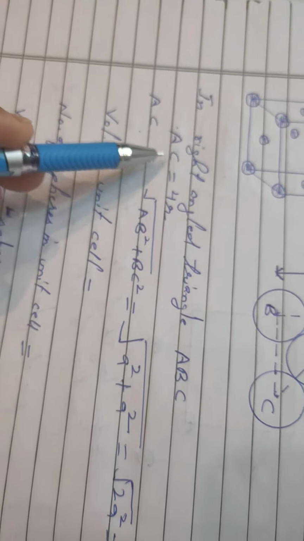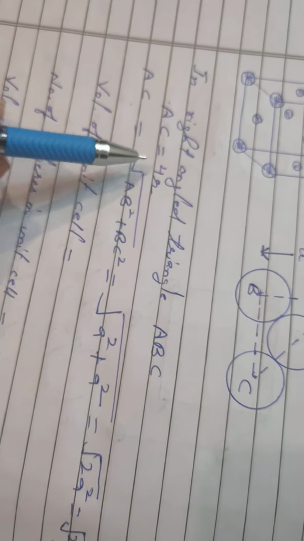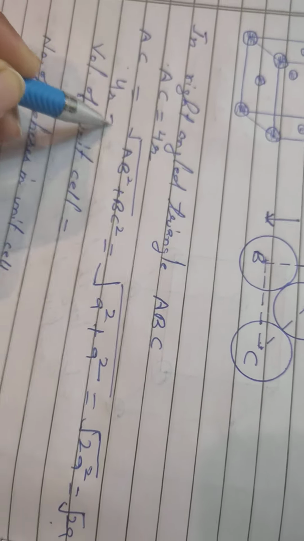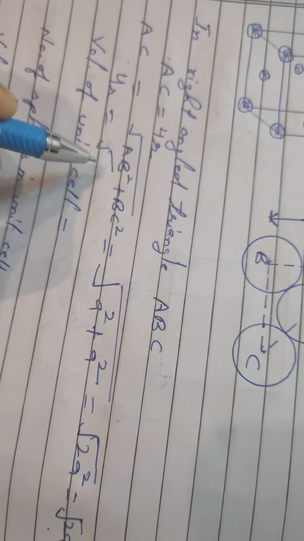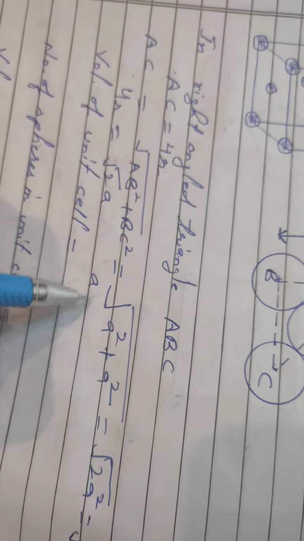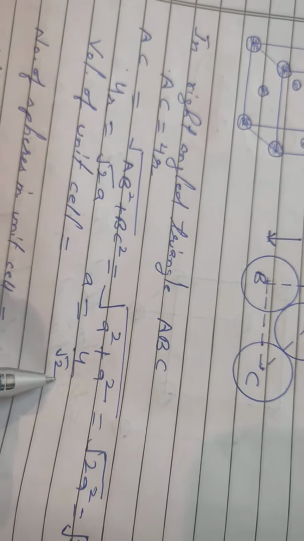Now we know that AC is equal to 4R. It means you can write down here 4R is equal to under root 2A. So A will be equal to 4R by under root 2.